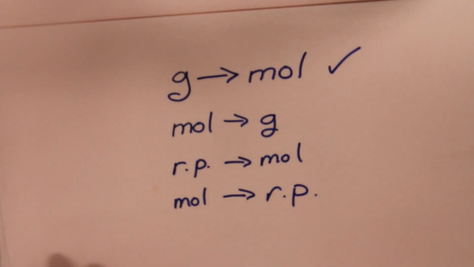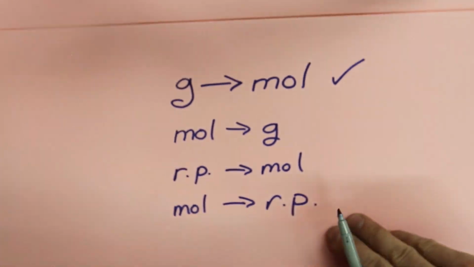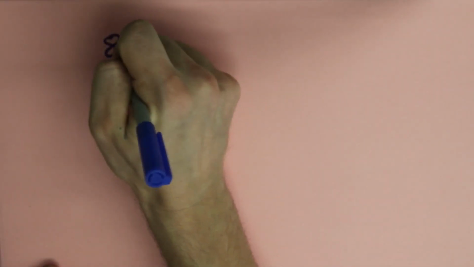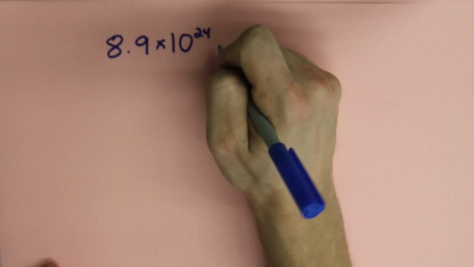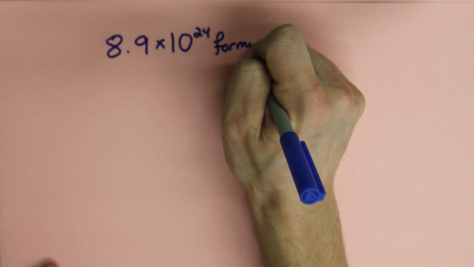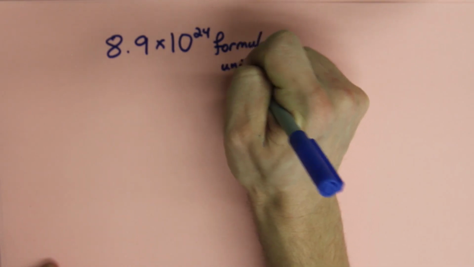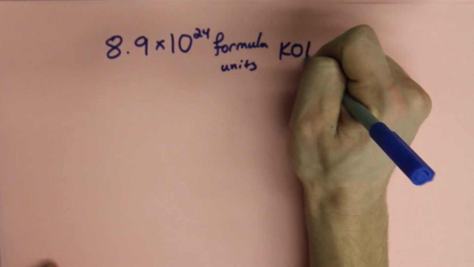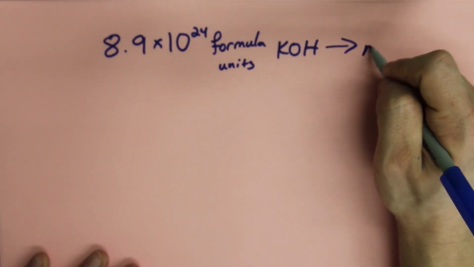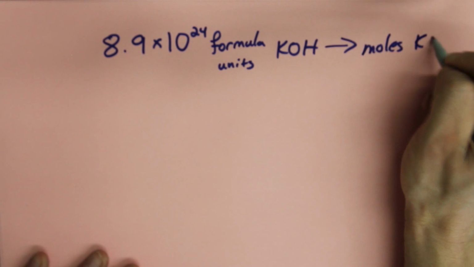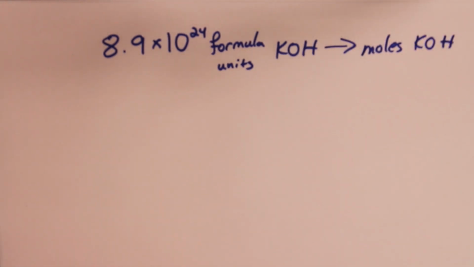So if I have 8.9 times 10 to the 24th formula units of potassium hydroxide, and we want to get to moles of potassium hydroxide.